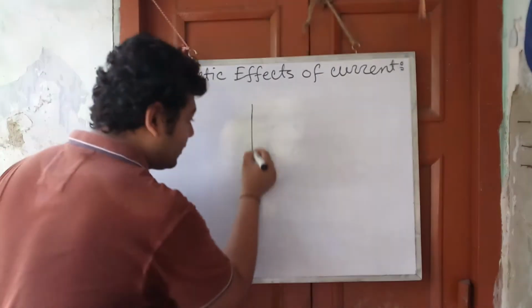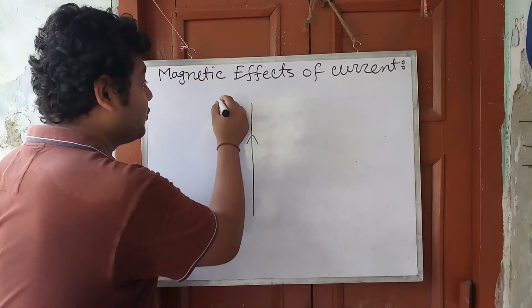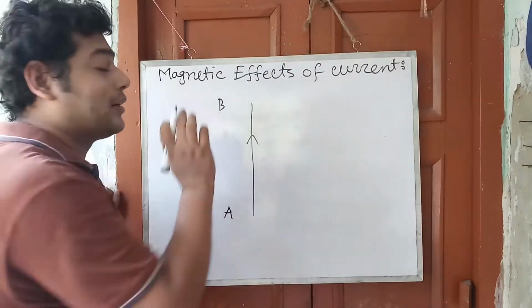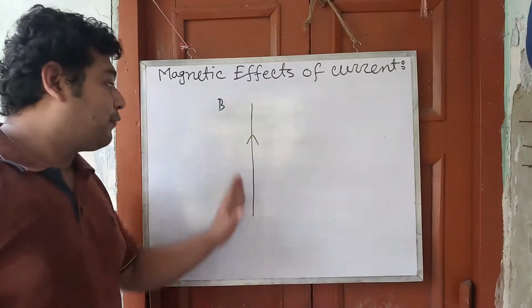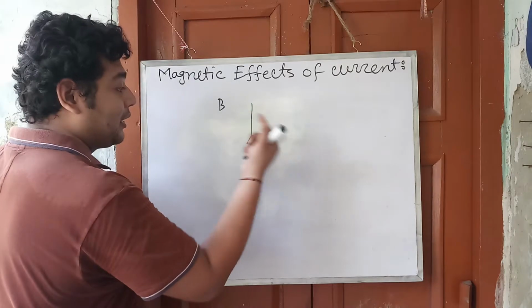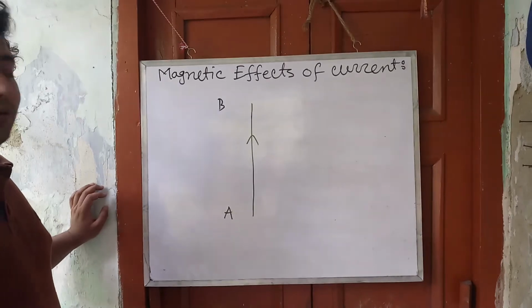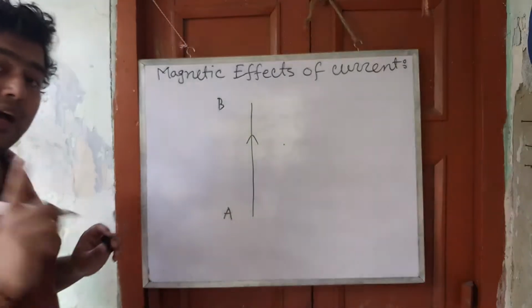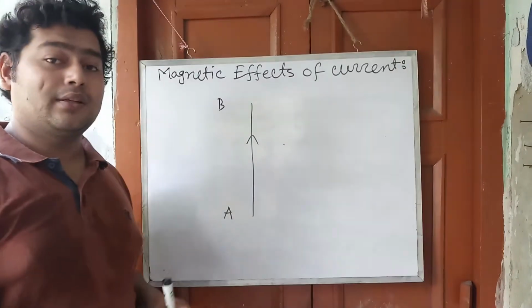Now if this is a conducting wire and the current is passing from A to B, then what will be the direction of the magnetic field? We know that by flowing current around this conducting wire, we get a magnetic effect. But at a fixed point, what will be the direction of the magnetic field?